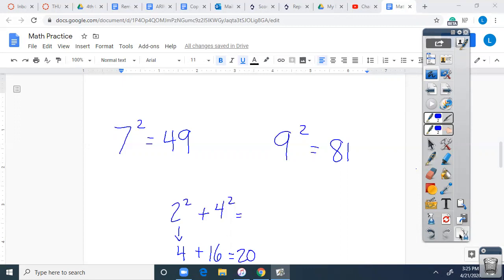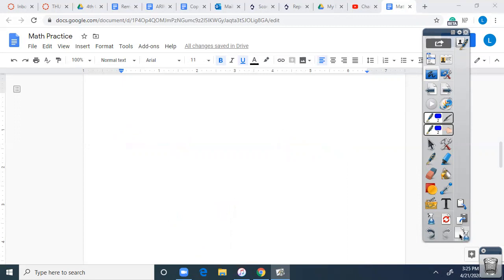All right, next concept we're going to go pretty quick, is figuring out how to get change back. Okay, so if you went to the store and you bought something that cost $3.93 and you gave the cashier a $5 bill, how much change are they going to give back to you?